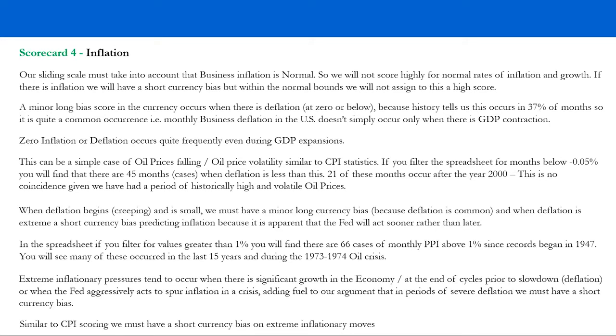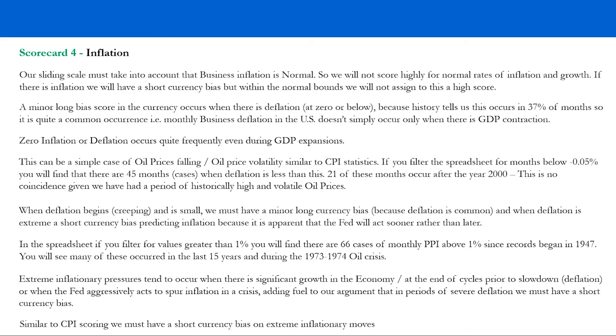Now, a minor long bias score in the currency occurs when there's deflation at 0 or below, because history tells us that this occurs in 37% of months. So it's quite common. So monthly business deflation in the US, when we look through history, doesn't simply occur when there's GDP contraction.